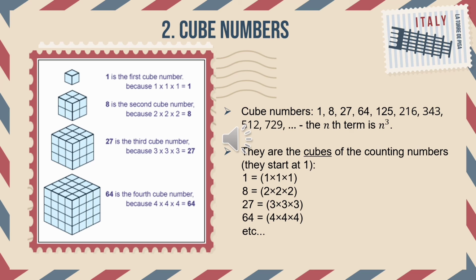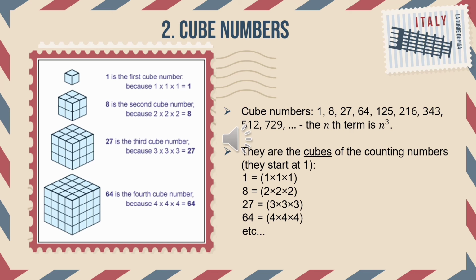They are the cubes of the counting numbers. They start at 1. 1 is 1 times 1 times 1. 8 is 2 times 2 times 2. 27 is 3 times 3 times 3. 64 is 4 times 4 times 4, and so on.